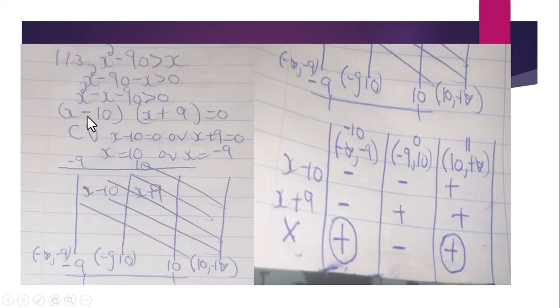The first one is x minus 10, the factorization brackets. You have x minus 10, you place it here. X plus 9, you place it there. And then remember the product of those two. Hence I have this multiply. It's just the product of those two. You place it there.